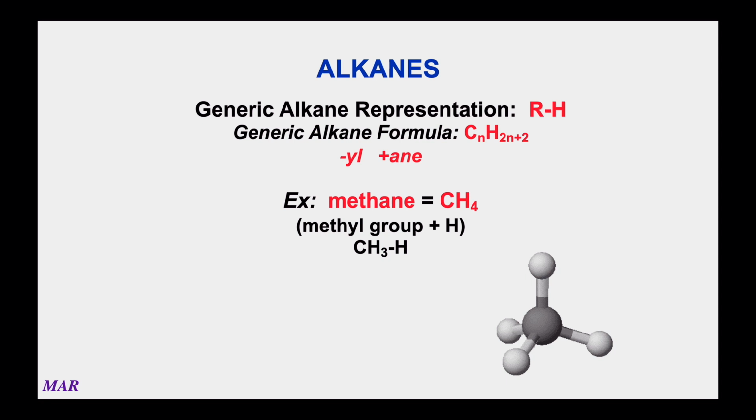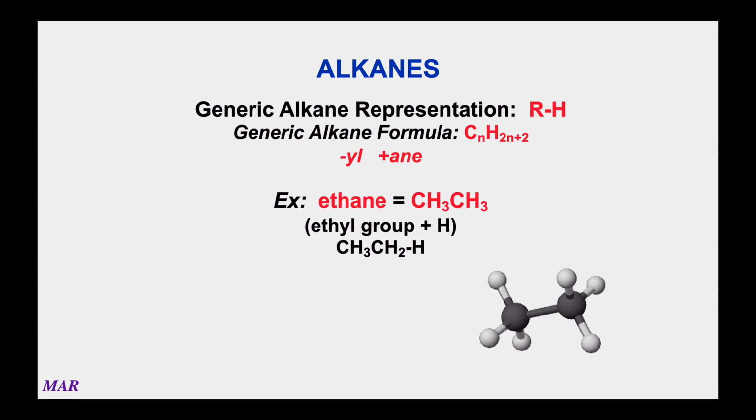So if your house or home is heated by natural gas, then you've certainly used methane for heating, which is really cool. So again, methyl group plus hydrogen makes an alkane. Methyl minus YL plus ANE is methane, and the formula CnH2n+2. But this is just a class or family of compounds, and this R was methyl, but you don't have to use methyl.